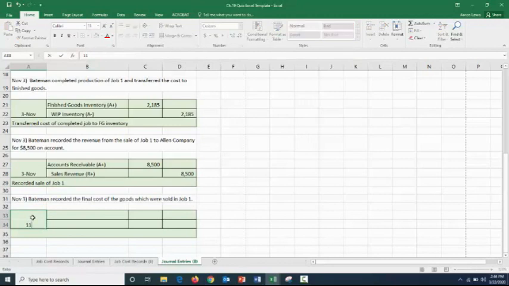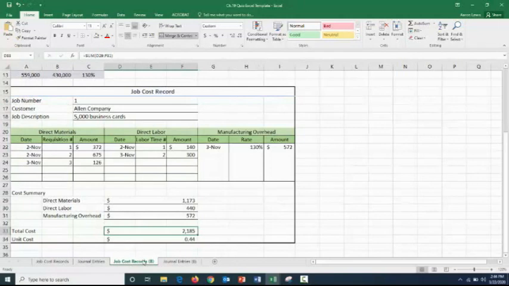And then again on November 3rd, we need to record our cost of goods sold in this transaction. So we're going to debit cost of goods sold, which is an expense account, for our cost of producing job 1 for Allen Company. And that was, again, from our job cost record, $2,185.